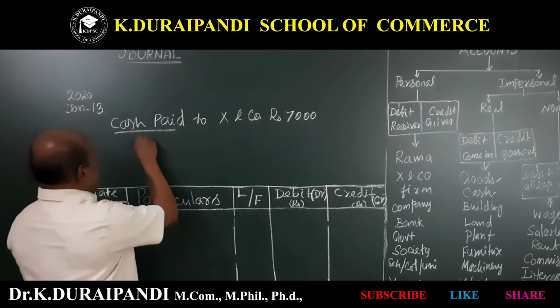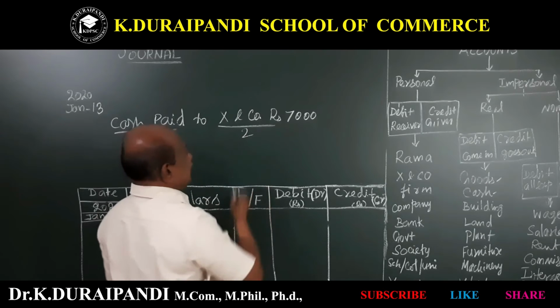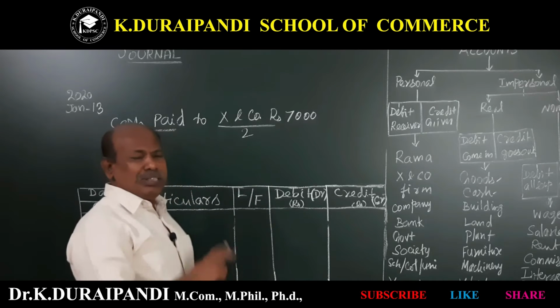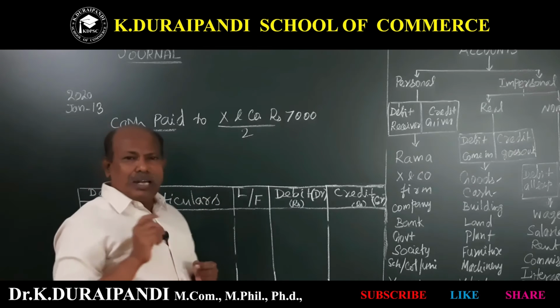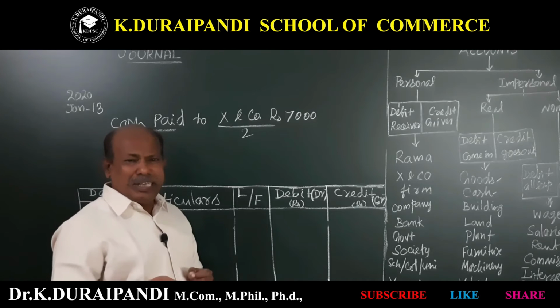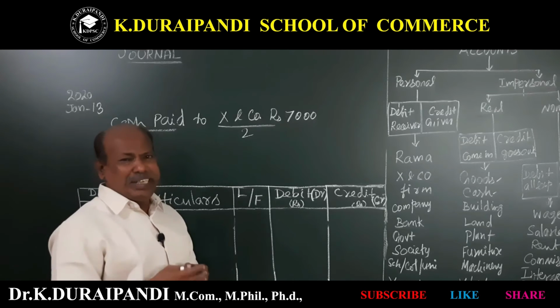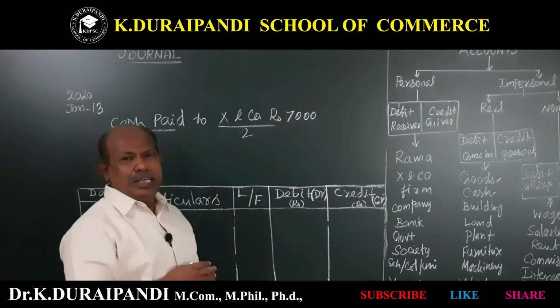One is cash account, another one is X and Co, that is a personal account. Which account is to be debited and which account is to be credited? For this purpose, we should refer to the rules of accounts.